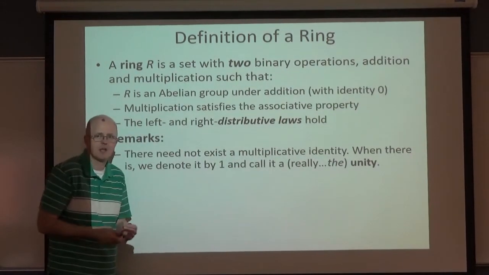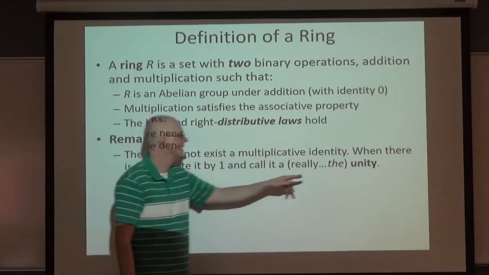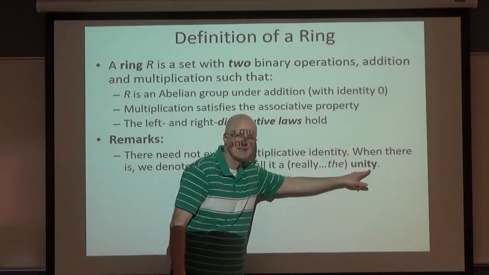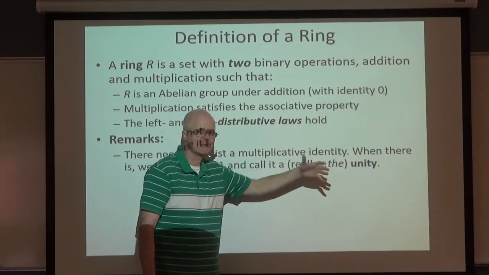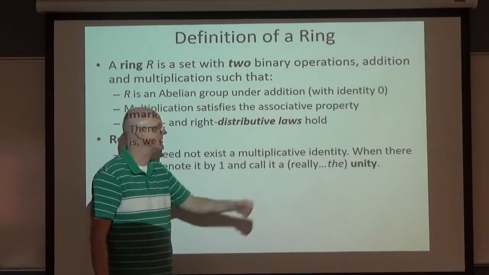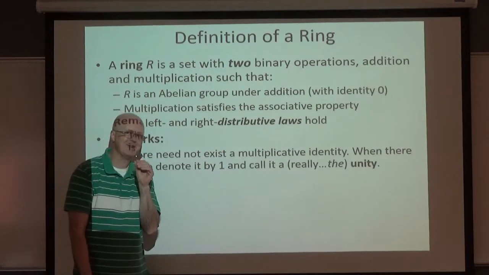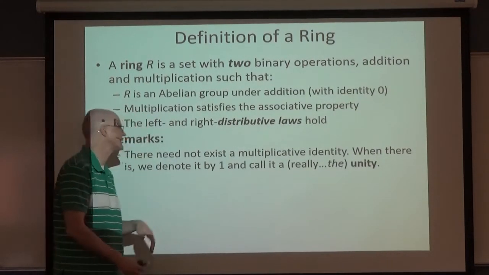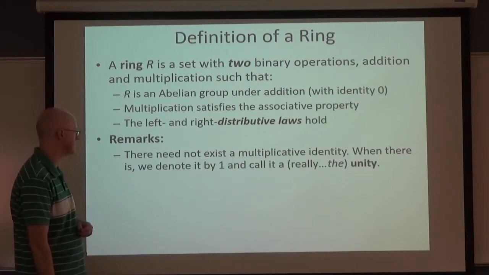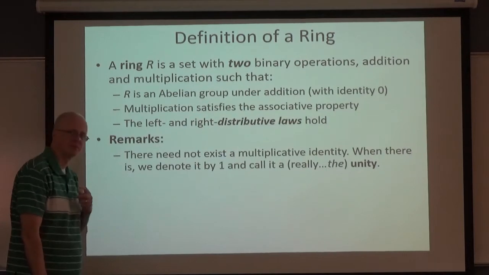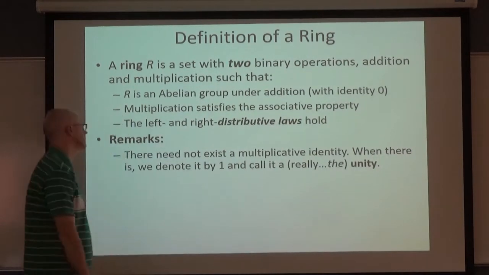And we can call it a multiplicative identity, but for short, we typically call it a unity. If there is an identity, it does turn out to be unique, though that uniqueness comes with a little bit of a caveat, as we're going to see. So you could really call it the unity. Just remember, unity means identity, multiplicative identity.